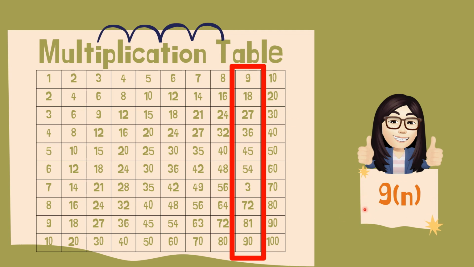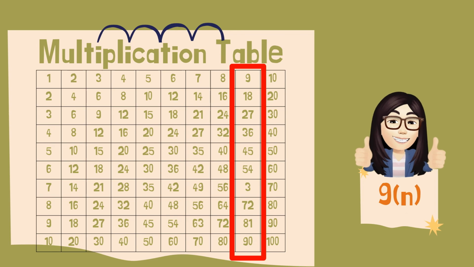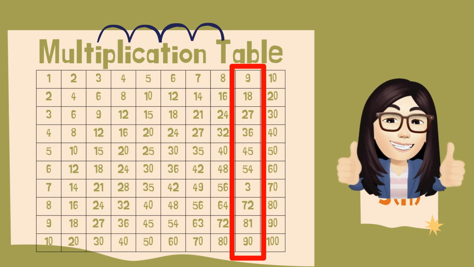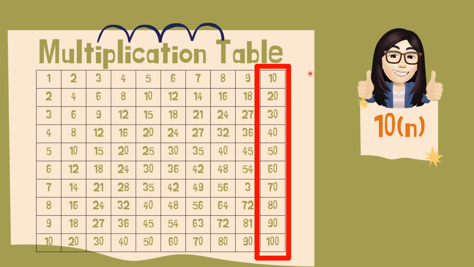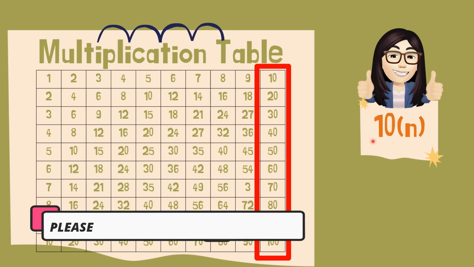So we are going to use 9n as the rule. The next sequence is 10, 20, 30, 40, 50, 60, 70, 80, 90, 100. The common difference is 10. So we are going to use 10n or 10 times n as the nth rule.